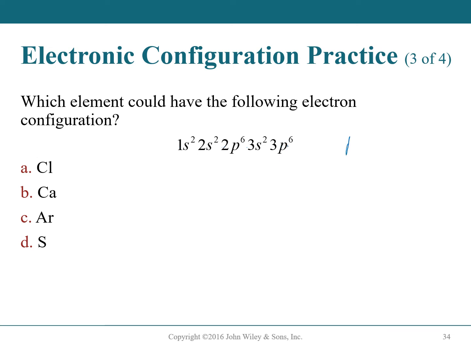This is argon. Now, how can we do this so that you can read it straight from your periodic table as is, by counting? We have a total of how many electrons? I have 2, 4, 10, 12, 18 electrons. So the element that has this electronic configuration has to have 18 protons. And again, that's going to be argon.